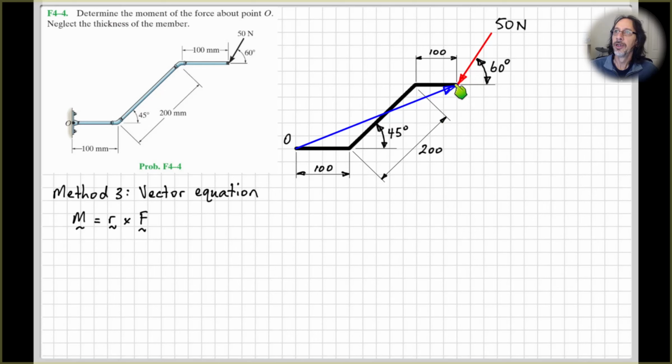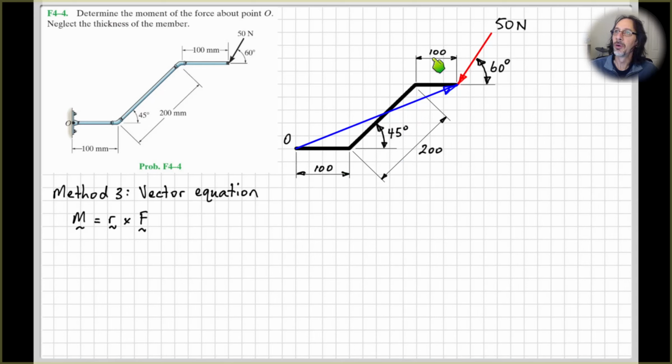This could be anywhere. So we could continue the line of action of this force down here, work out this distance here, or the position vector to that location, and do the calculation that way.